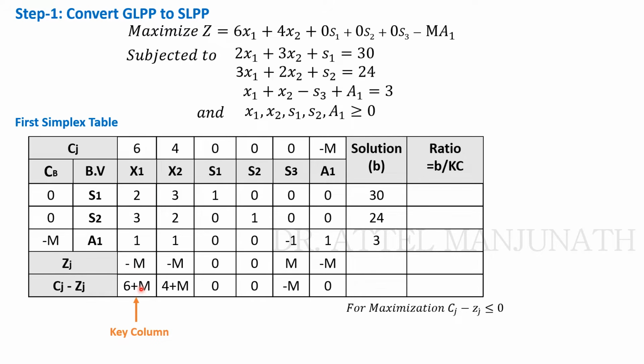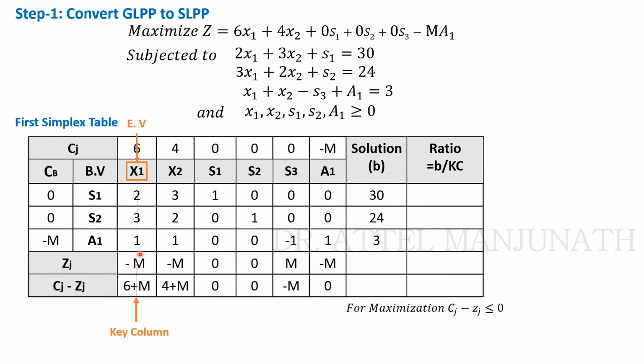This entire column becomes the key column for this first simplex table, and the variable in the key column, x1, will become the entering variable for the next iteration.